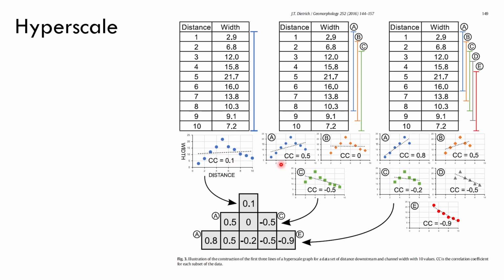But the thing that we can actually do is start to break down the data and look not just at all of it, but at smaller overlapping chunks to see if there are relationships at different scales. Instead of looking at the whole river, we look at, say, 90% of the river, and then 80% of the river, and then 70% of the river, and all the way down.